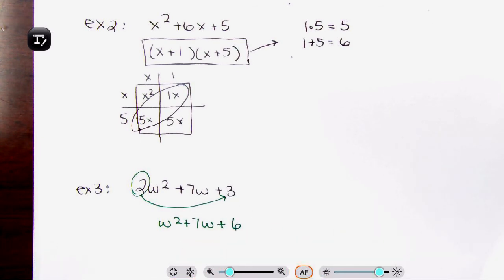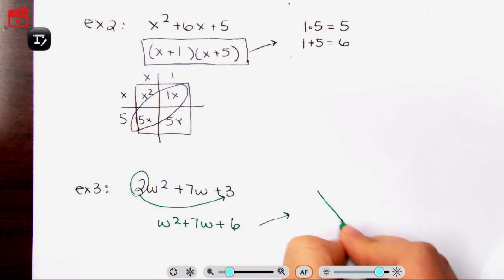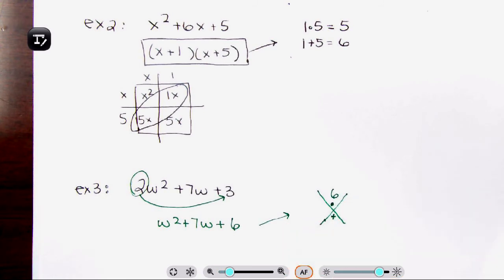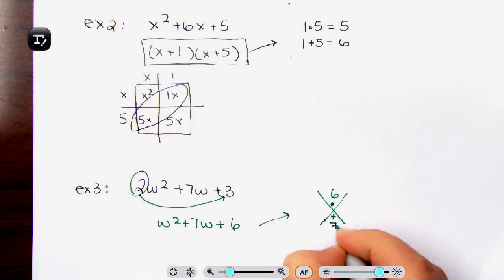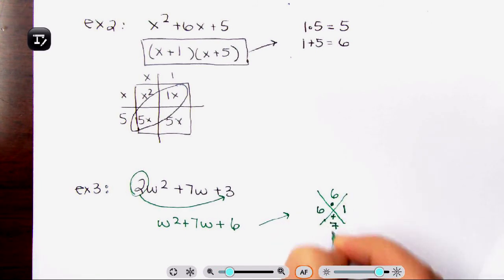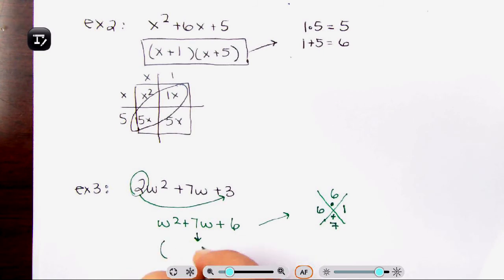So I want simple diamond. I want two numbers to multiply to 6, but when I add them, give me 7. So that is 6 times 1 is 6, but 6 plus 1 is 7. So I have my factors, w plus 6, w plus 1.